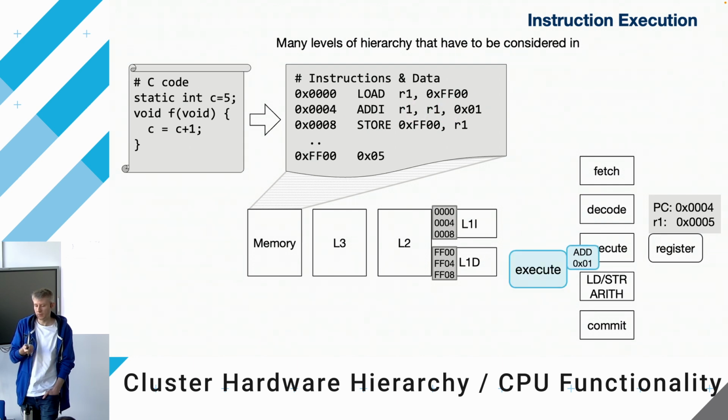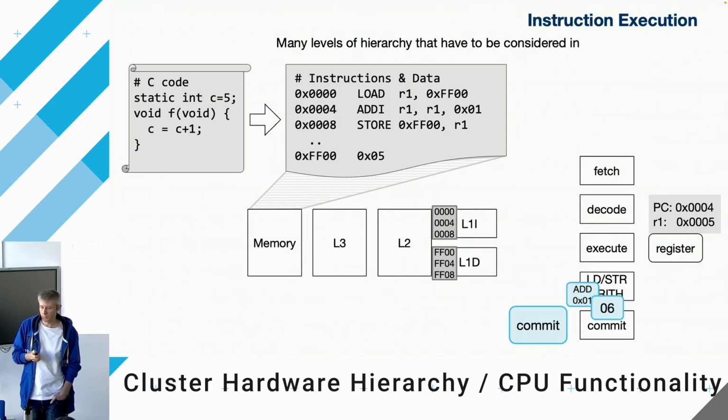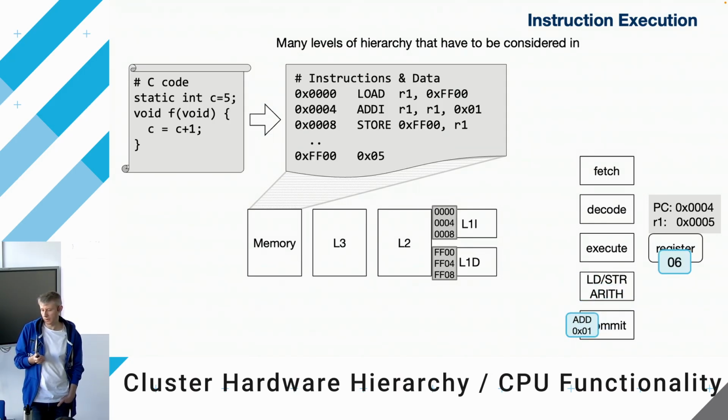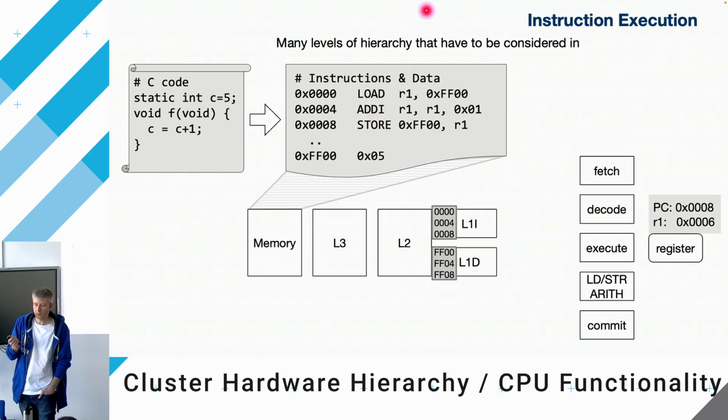And the execution is then quite easy. Just take the R1 register, add 1, so 5 becomes 6. And then we commit it, and it is stored again into the R1 register, because we say R1 plus 1, and the destination is the R1 register again. Then the program counter increases again, and then we get the next instruction decoded.